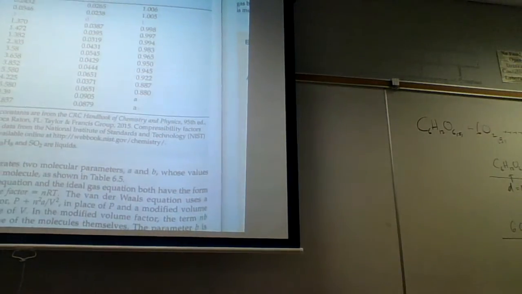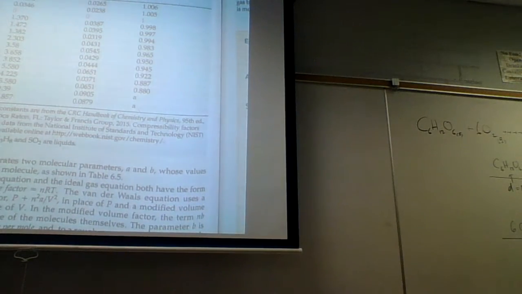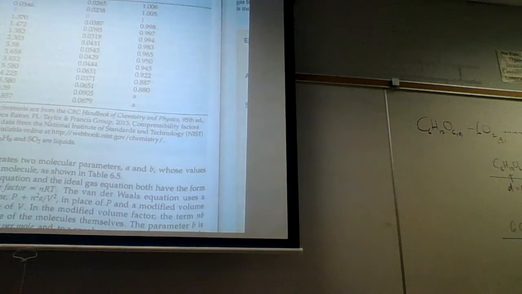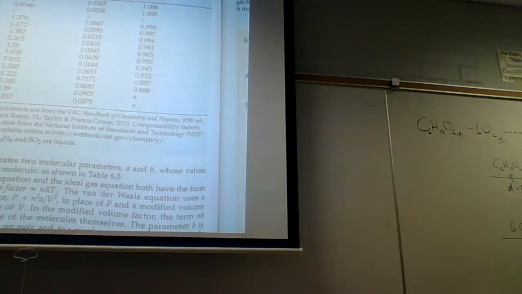Let's take a look. Which species has an a closest to 0? Helium. Helium is the most ideal gas on this list. Which species is furthest from 0? Not hydrogen, which is 0.2.